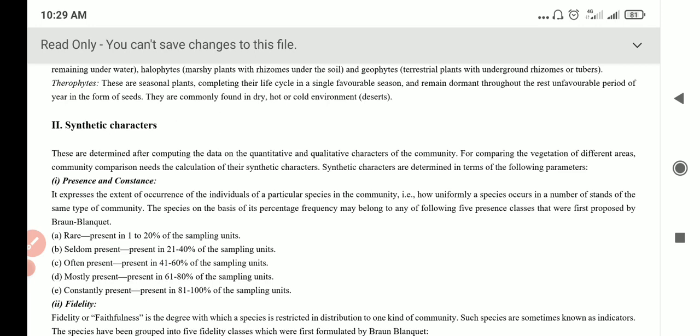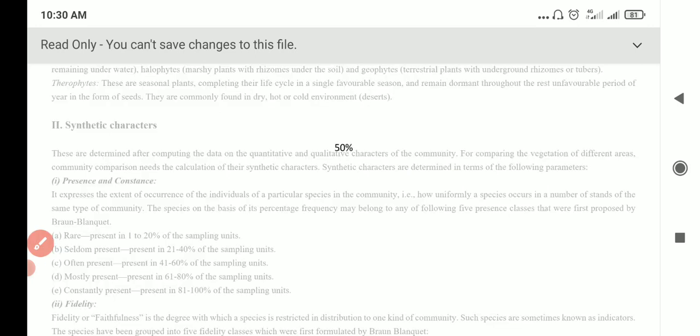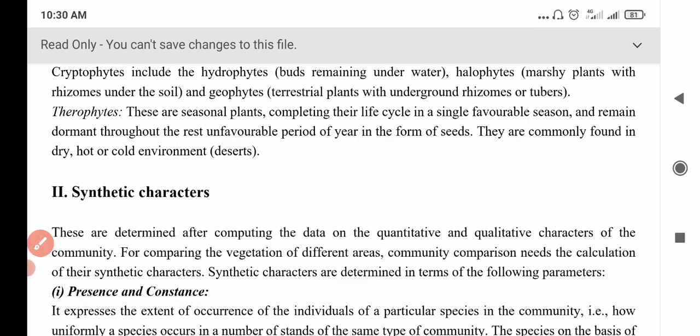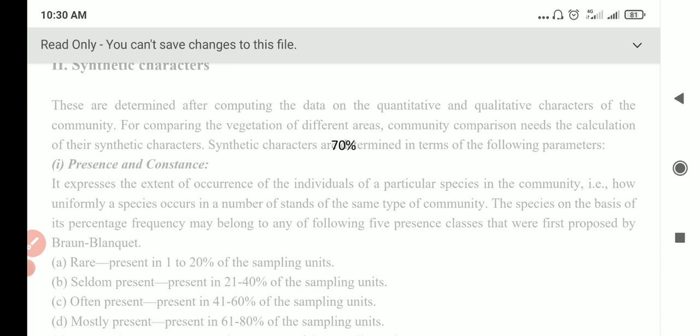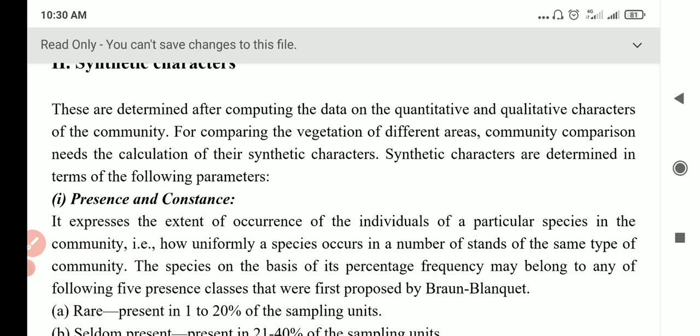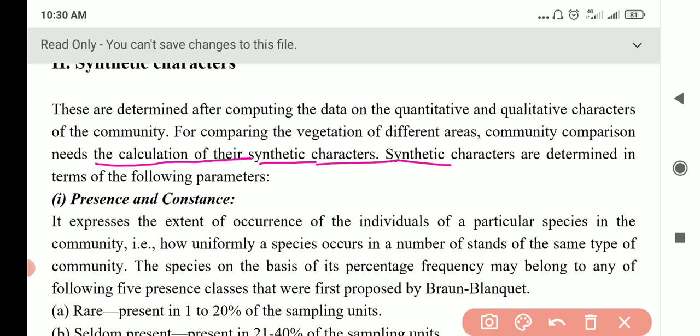So let me read out. Synthetic characters, they are determined after computing data on the quantitative and qualitative characters of the community. Okay, so not only are we doing the quantitative, we are also doing the qualitative. Let me underline again.